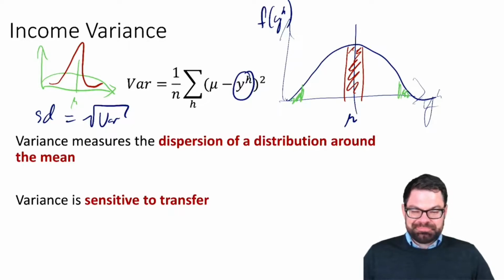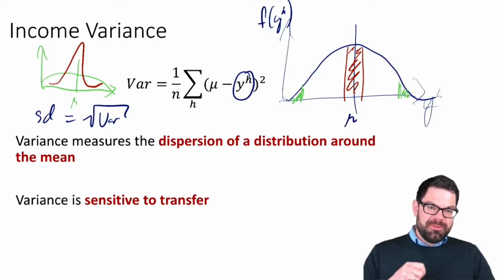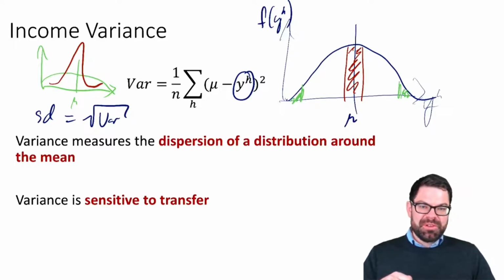feel for that. But even then, the variance is sensitive to transfers, which means that if we take something away from one household and give it to another, that would actually change the variance. And that can, in some cases, make sense.